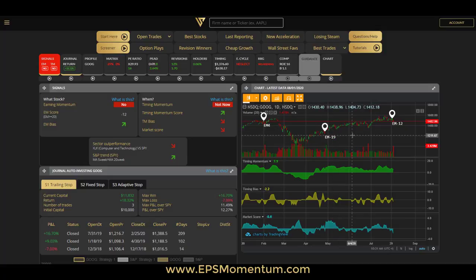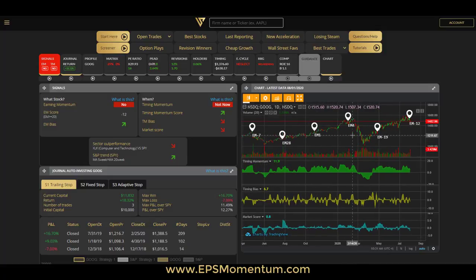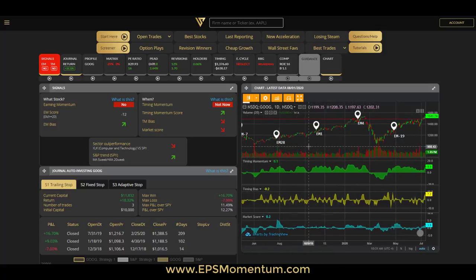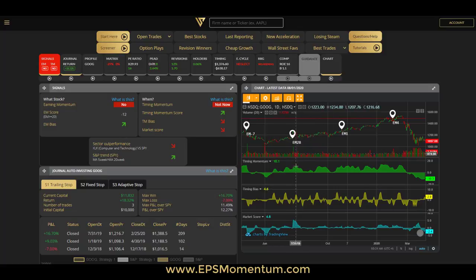So if we go back in history, see that EM here is 28. All 3 of them, blue, yellow, and green, are above 0. It has bought here on the 31st of July at that price and sold later.